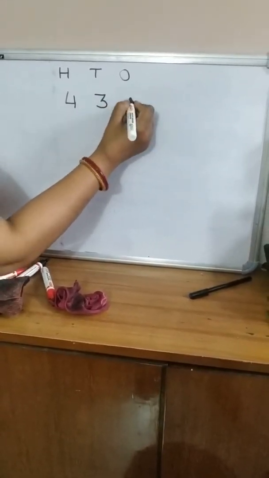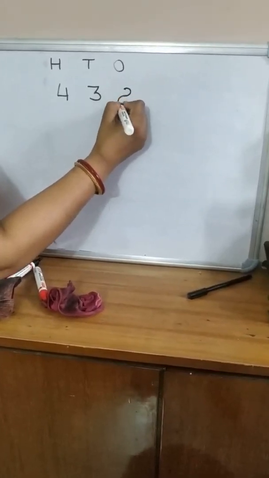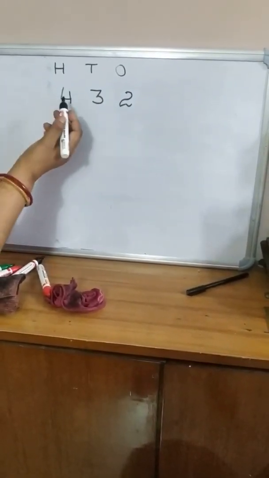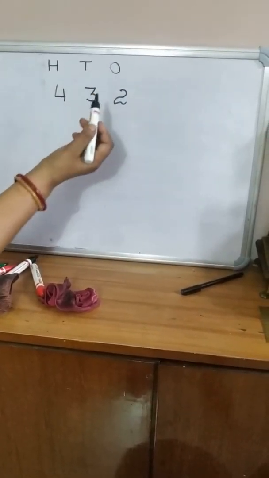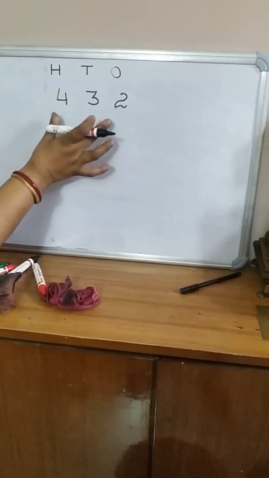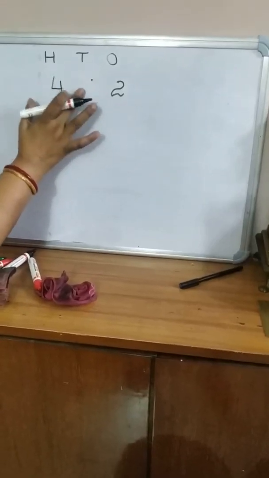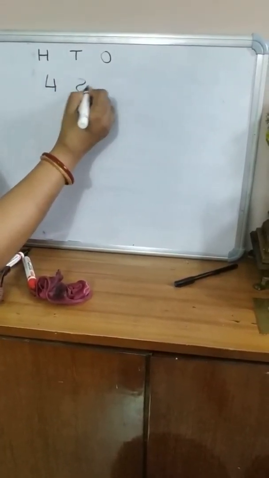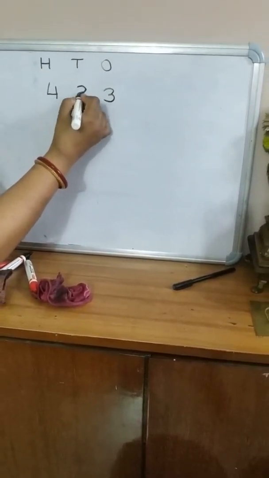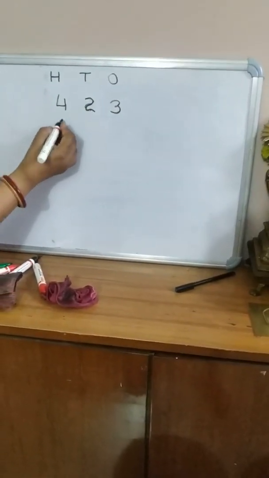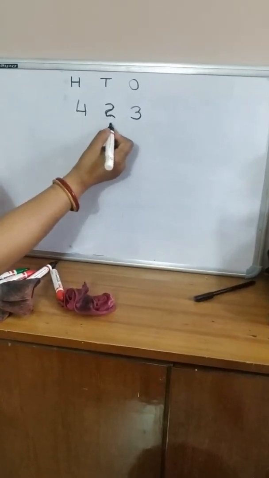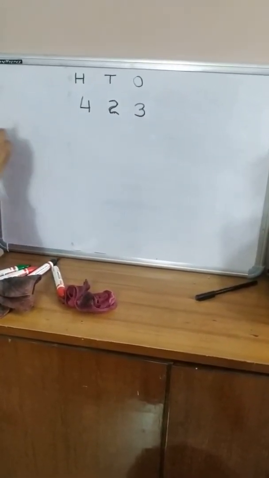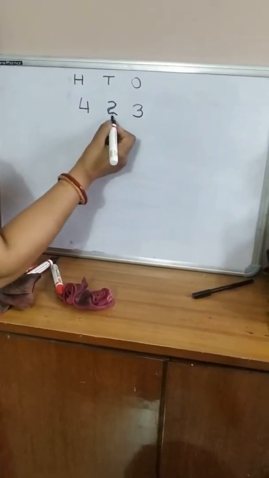How will you read it? Let us understand this 1 by 10 and 1 by 100 with the help of an example. For example, 423. How will you read it? It is 400, this is 2 tens and this is 3 ones.